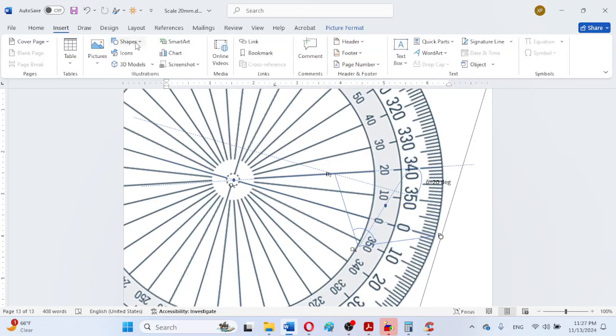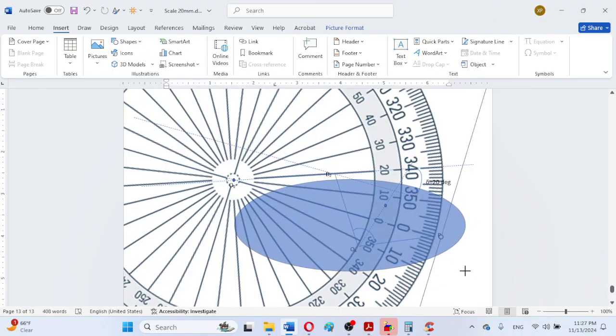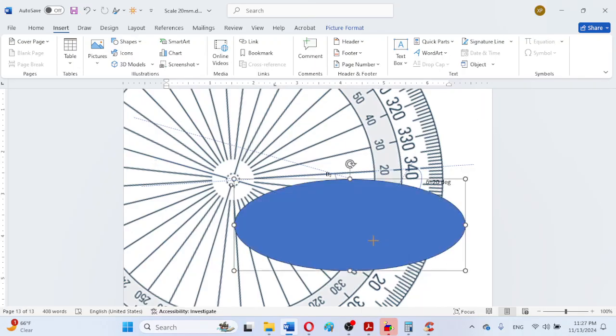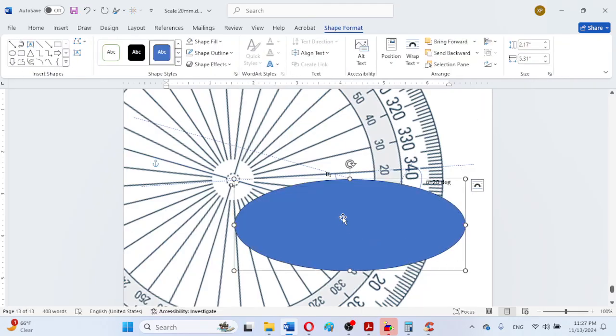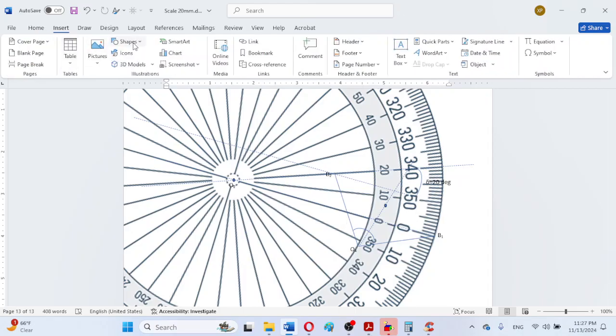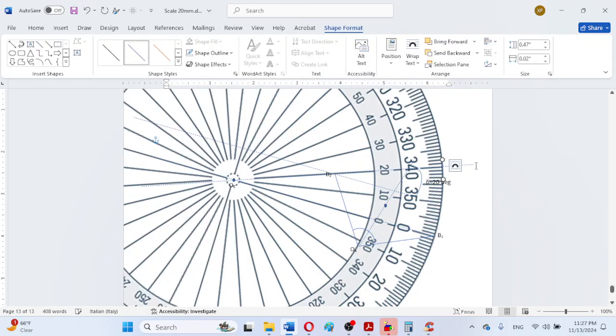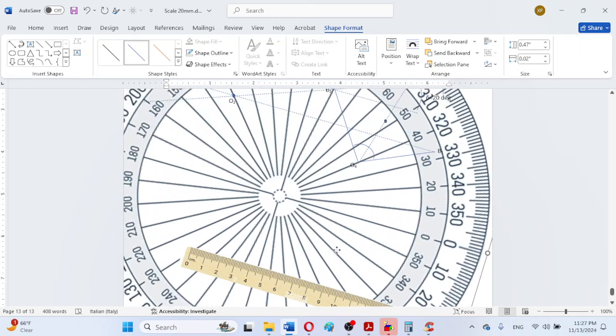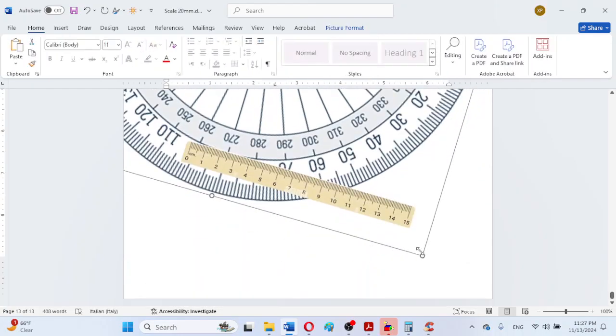So just go to insert and shapes area, and similarly describe this arc here, but now no need to describe it, or we can just simply draw an indicator, a simple line here at this location. So now we can move this protractor out.